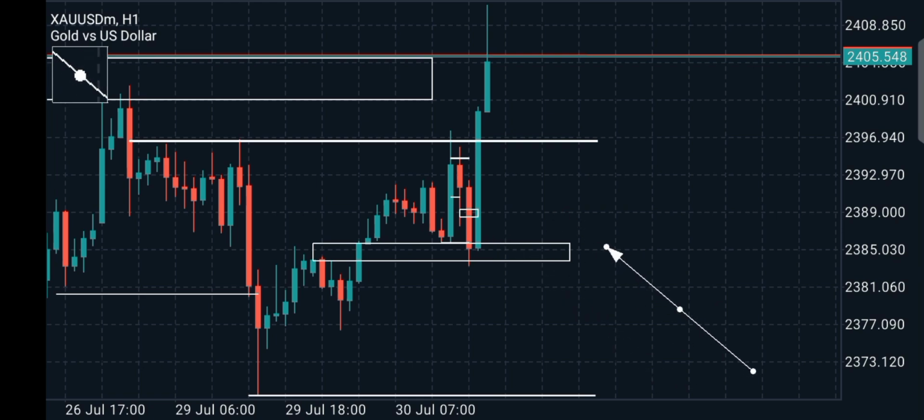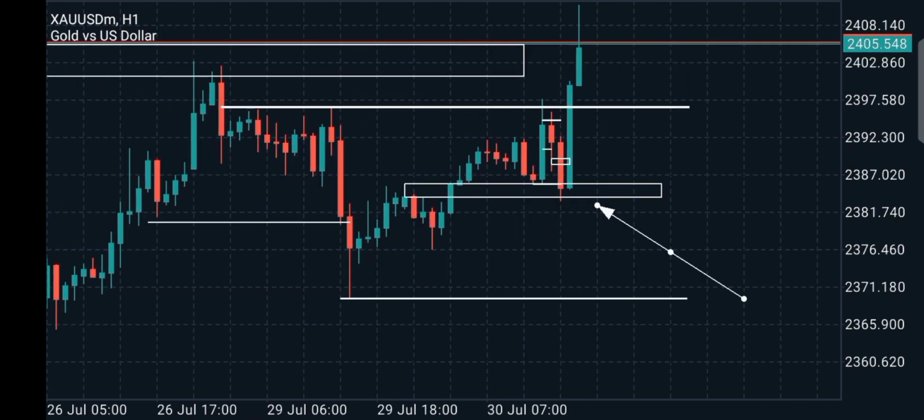So you can see how ICT helps you exit and enter a trade with ease without falling for any trap. So we were just selling for a short time from how we swept liquidity above here in this order block. Look at the order block here. This is the liquidity.